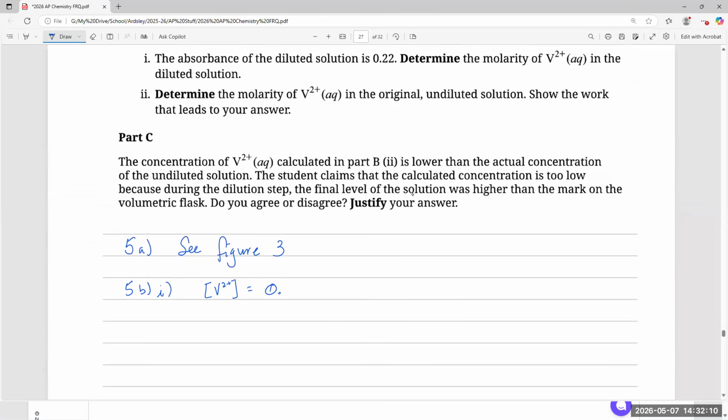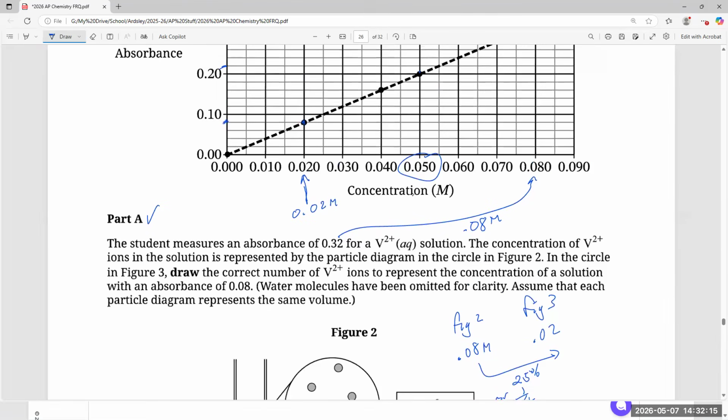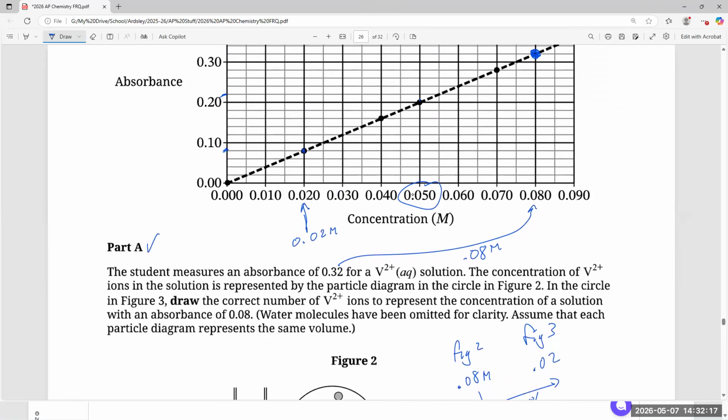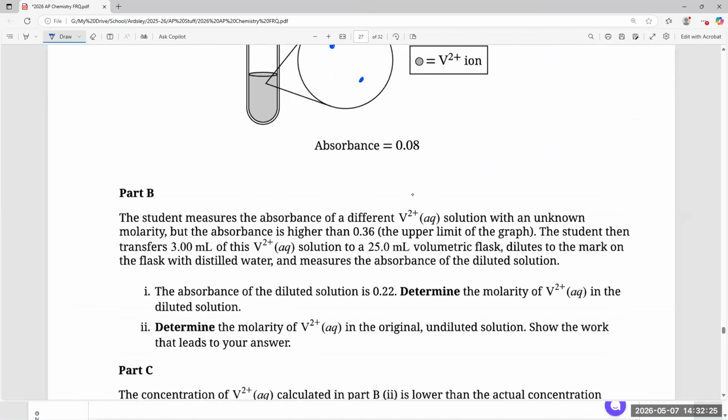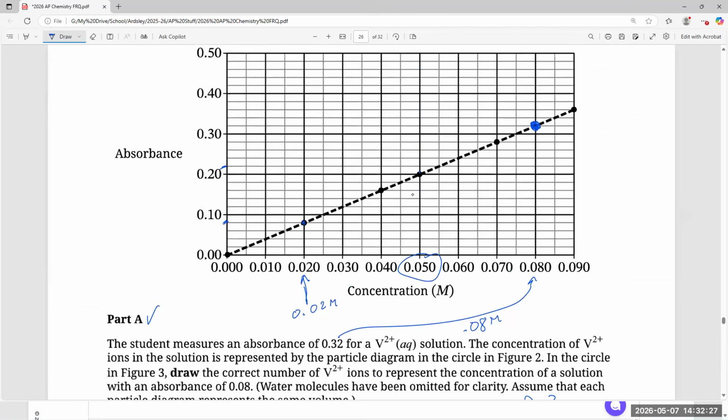What did we say it was? 0.05? The absorbance was 0.2, or was it 0.22? 0.22 is a little bit higher, so it lands right there, just a schmear higher than 0.05.